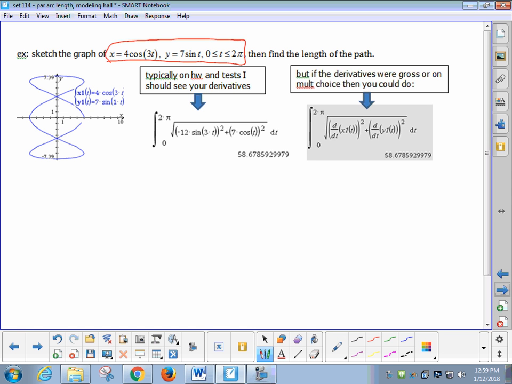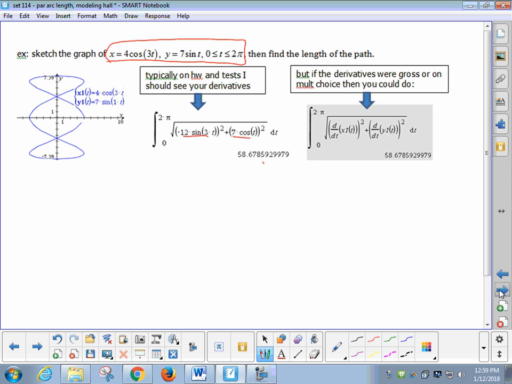Now, in terms of what I would like to see, if the problem is not too terrible, then it's reasonable to expect in your work to show me your derivatives here, and then just use the calculator to evaluate the integral.